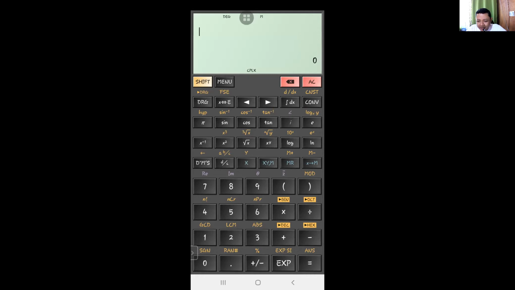Did you see NCR in your calculators? Very good. So this is what we will do here, because I know you're sick and tired of doing the long computation. So just simply, if it's on the second function, you should shift and then press that button where that NCR is contained. And then you will see it in your calculator. You now have NCR and you have those two options.